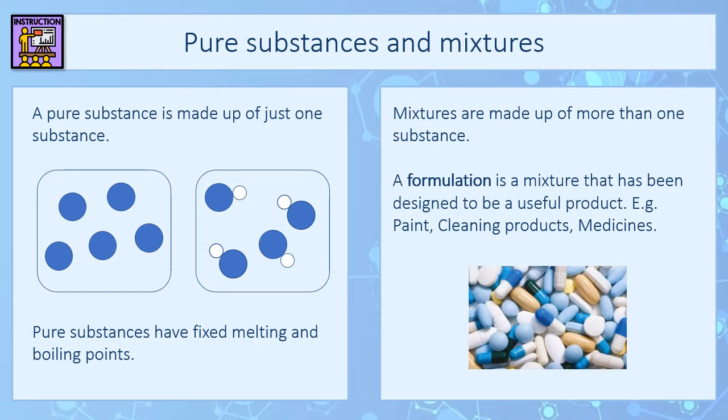When we think about the ingredients of these types of formulations, they're all there for a reason. So for example, in paint, you have a pigment which colours the paint. You also have binders to keep the paint together, and you have solvents to dissolve the pigment in the paint as well. So there's lots of different ingredients in formulations, but they're all there for a specific reason.